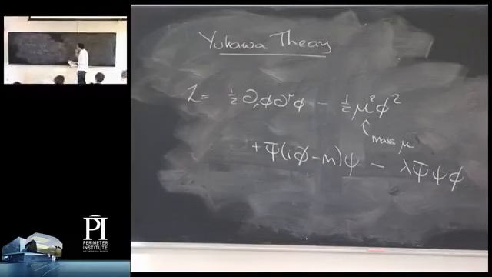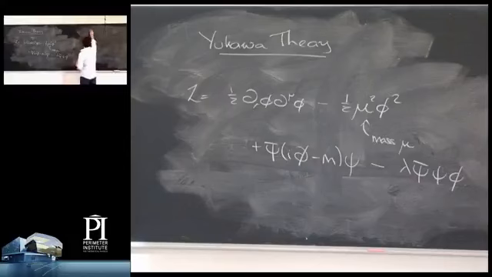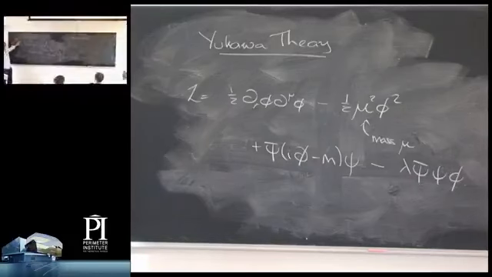Let me just do this simple dimensional analysis. Remember, the Lagrangian should have dimension 4, precisely so the action has dimension 0 when we integrate it over 4-space. This has 2 derivatives, so each of these has dimension 2, which means phi has to have dimension 1.